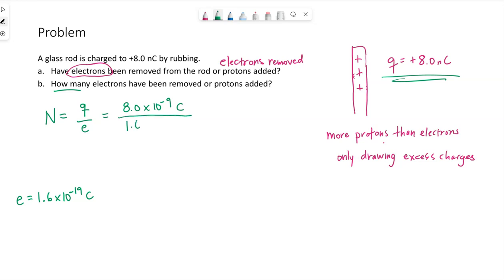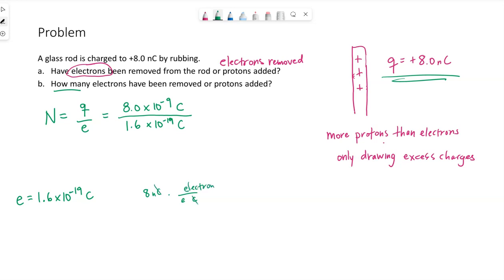And when we divide by this, we're essentially doing a unit conversion. We're saying that there's 1.6 times 10 to the negative 19 coulombs per electron. So we're essentially saying 8 nanocoulombs of charge times 1 electron per 1.6 times 10 to the negative 19 coulombs.